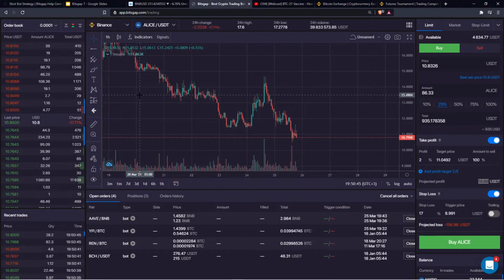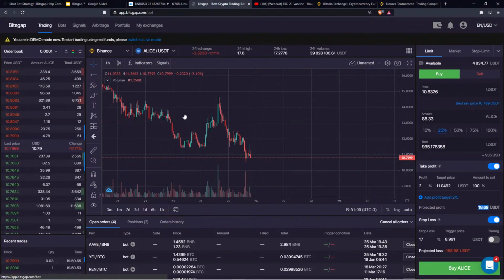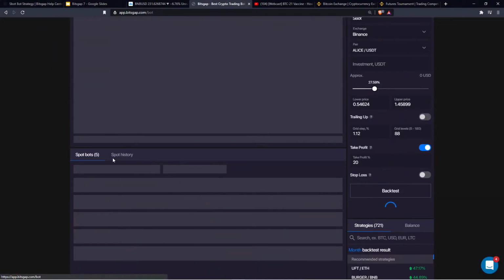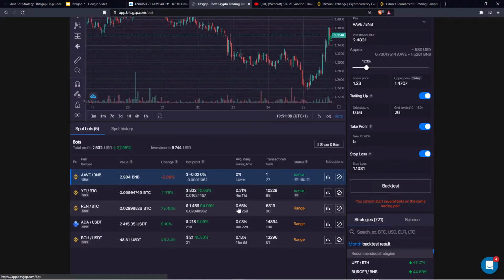You want to be consistent, and this consistency is only achieved through the smart trade and the automation, where you can generate returns on a daily basis. Okay, so automated bots actually bring you daily returns, and you can see this here. You see average daily. For some of my bots I have 0.65%, 0.13%. You see, they bring returns daily.